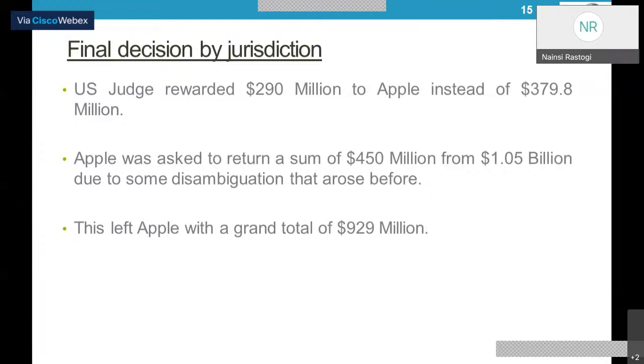So we should not neglect the importance of IP before launching any product or process, or when we are going to the market. It becomes essential to have the freedom to operate, so that we do not end up with such a huge penalty and such an infringement case. Instead, we may apply our energy to something more productive. So this was the end of this case.